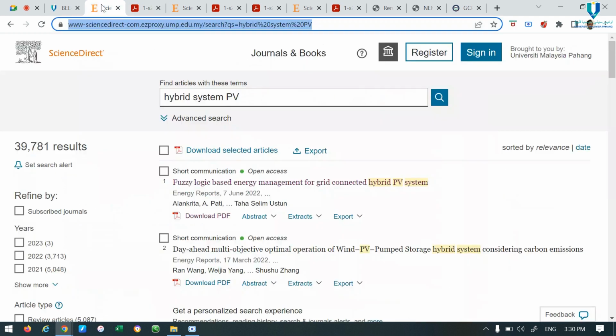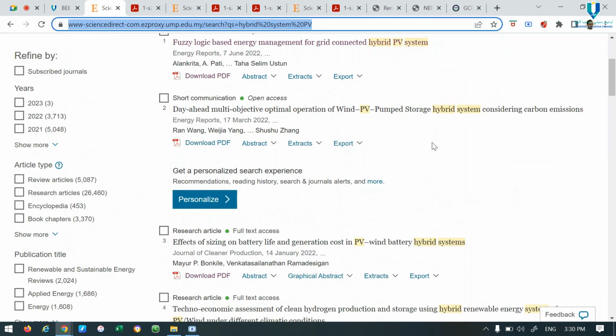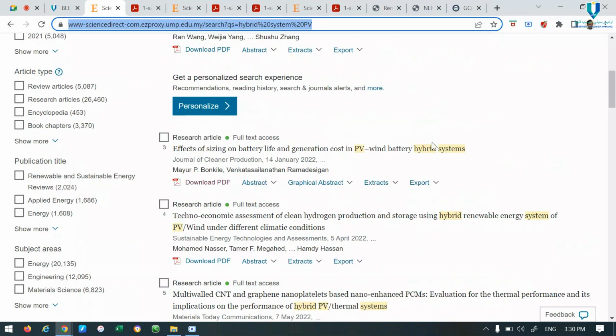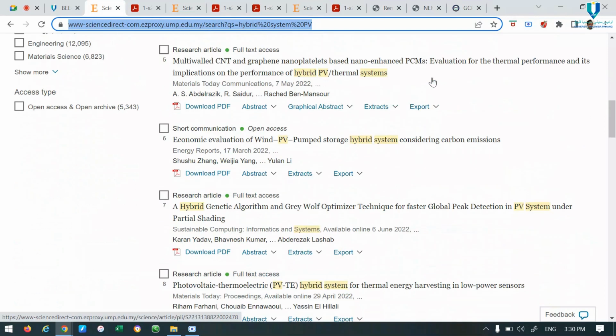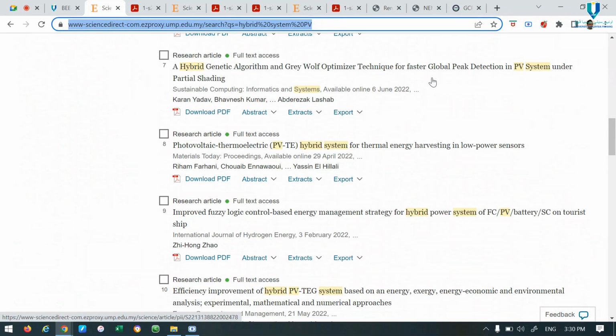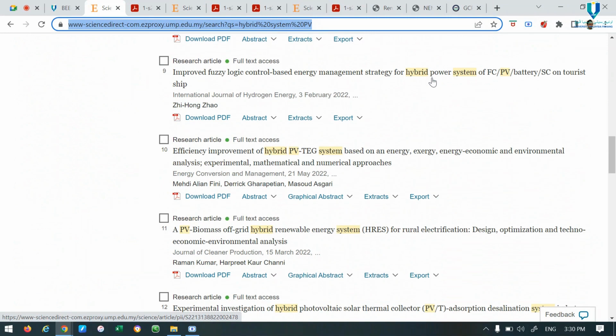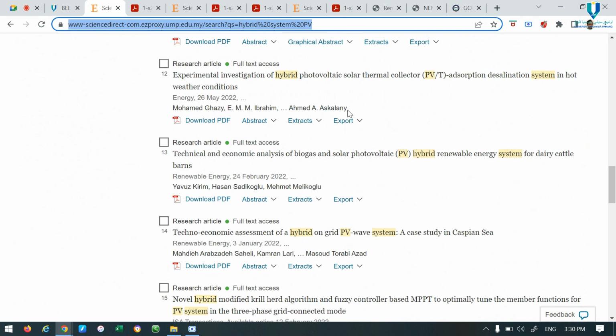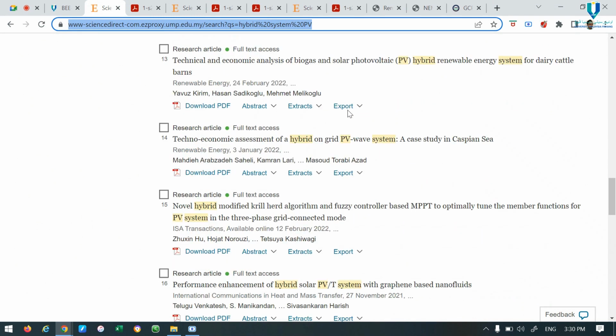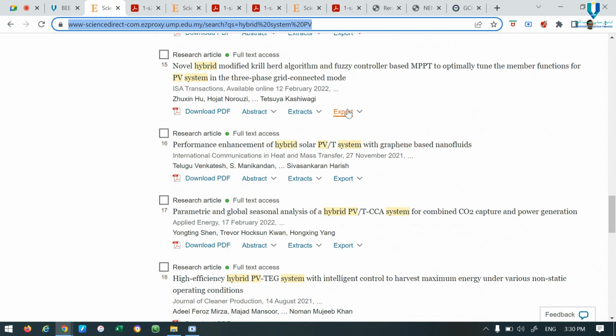Sometimes you can see papers that have, where was it? Sometimes they have fuel cells. Sometimes they have several things. Biomass also recently.